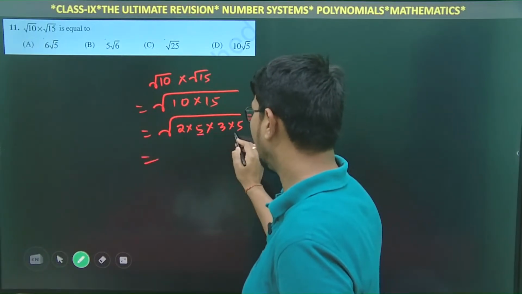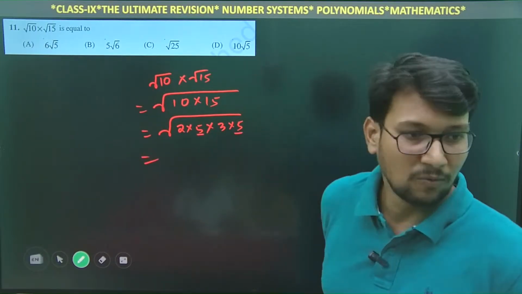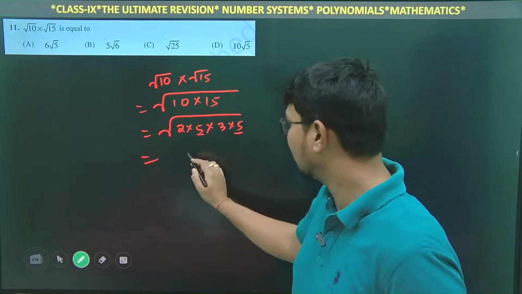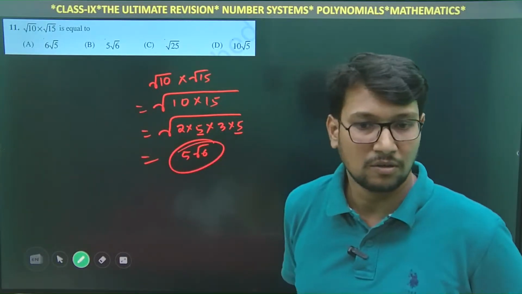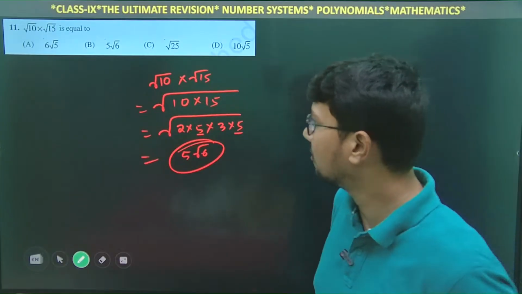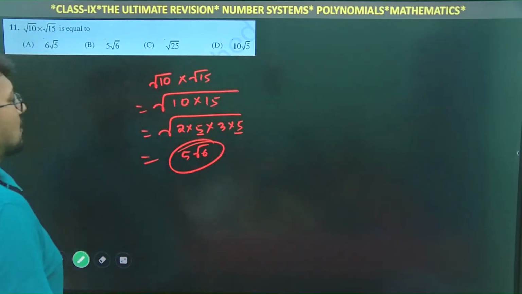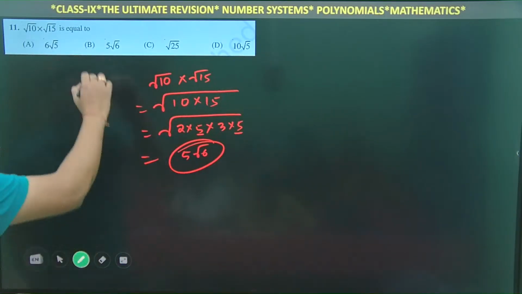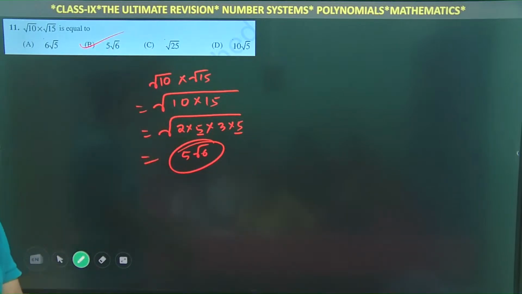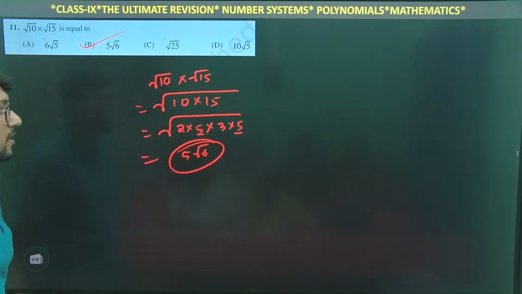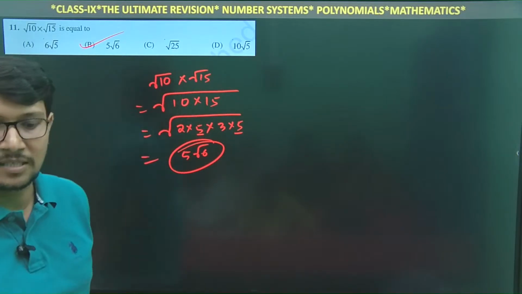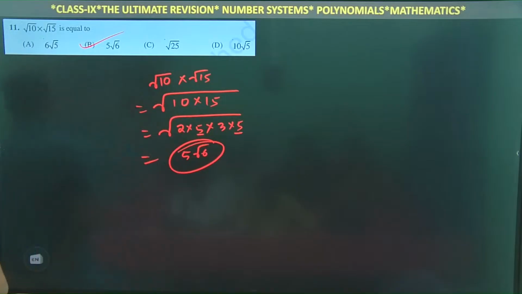Now check, 5, 5, there are two 5s. While finding the square root, you will write 5 into root 6. Write it. Finish. So which one is the correct answer? Option B. Option B is the correct answer. Write this: root 10 into root 15 is 5 root 6. Got it? Clear?